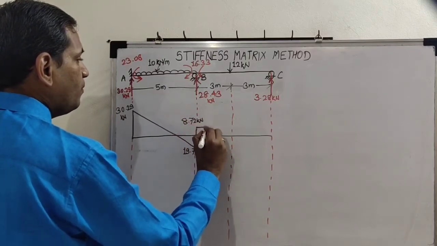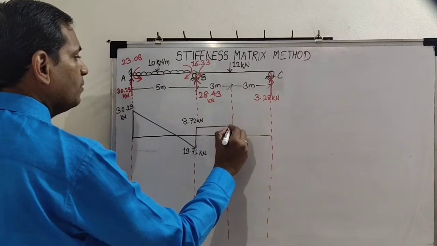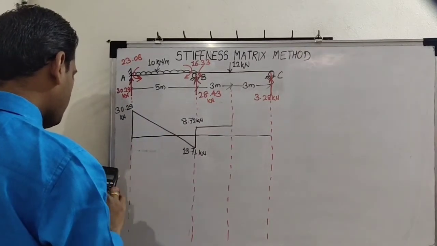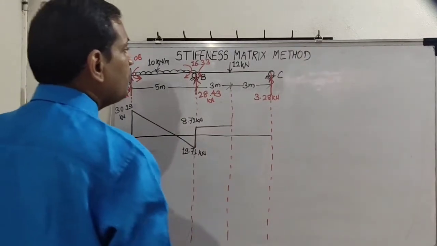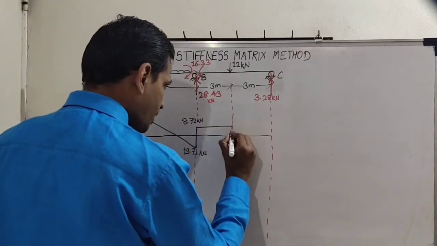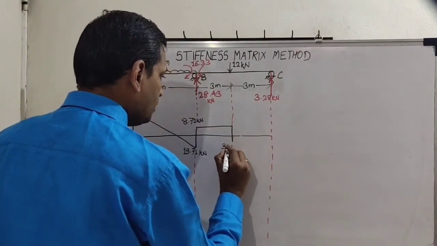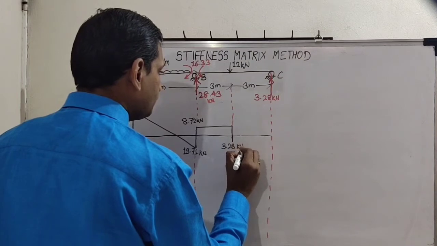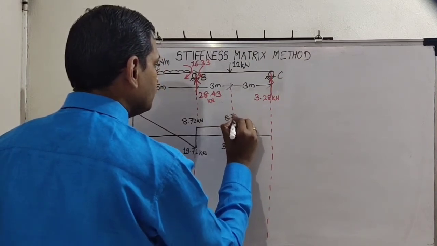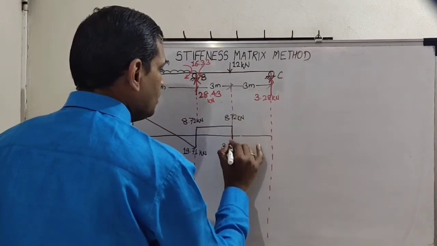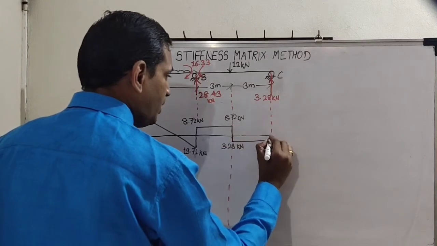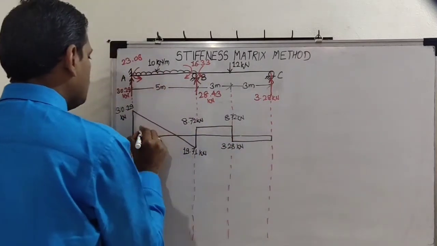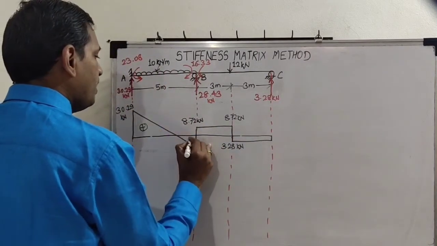It will be the same up to the 12 kilonewton point load. So 8.72 minus 12, so it is minus 3.28. So bring it down, minus 3.28. It will be the same up to joint C, then 0. So this is our shear force diagram.